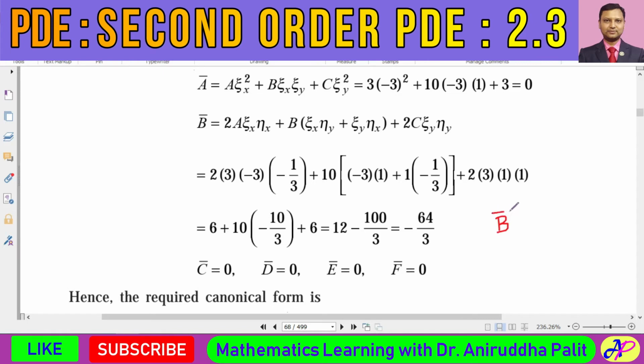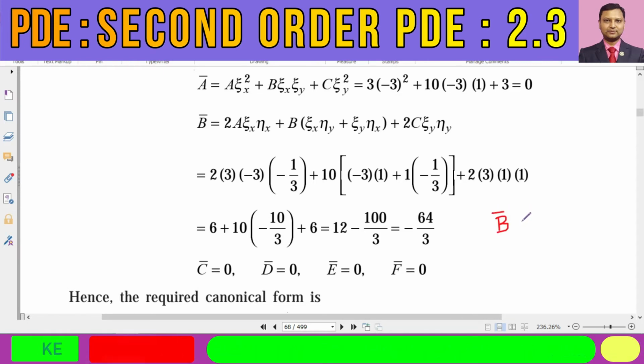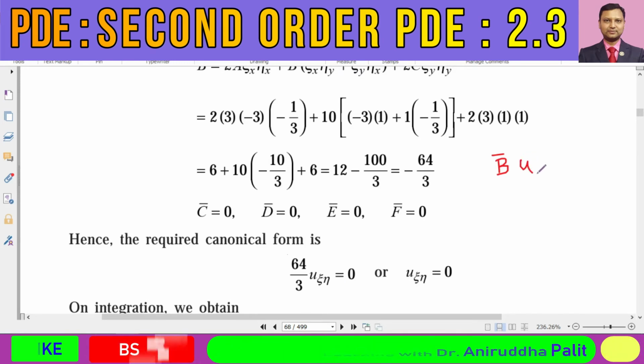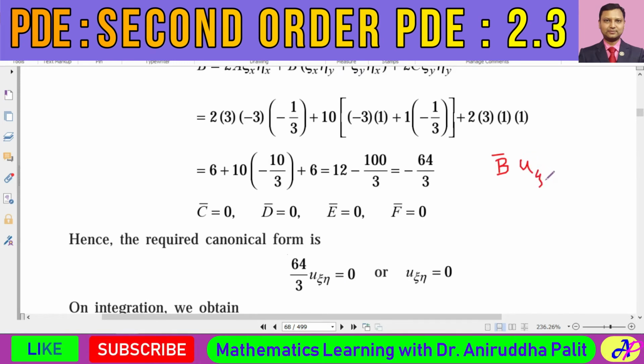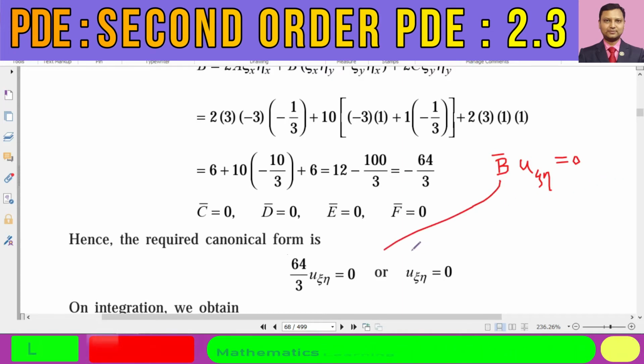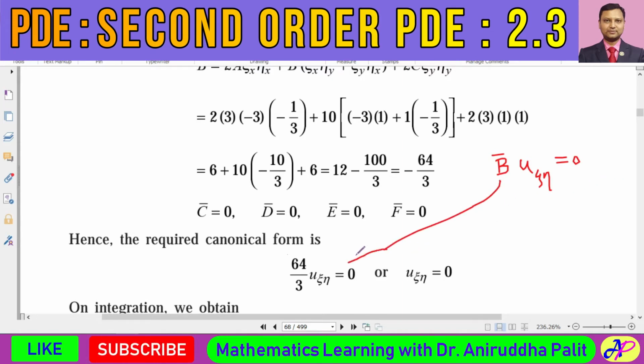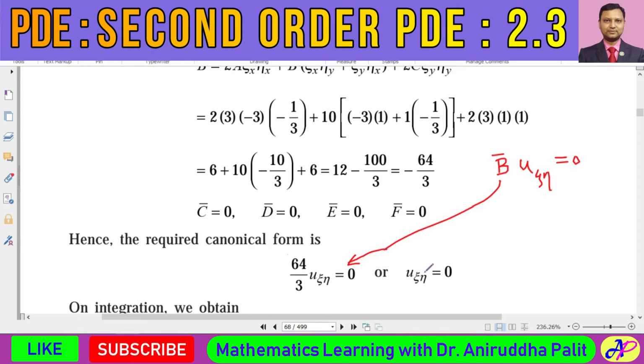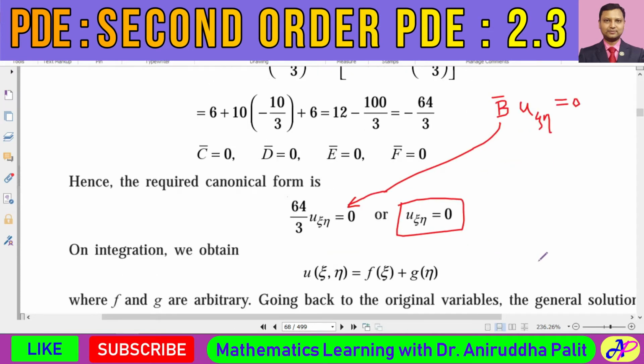So b bar into, the dependent variable was u, so u of partial derivative xi and eta, that would be equal to 0. So this is the expression over here. And therefore, if you cancel the 64 by 3, we have this kind of relation, u xi eta is equal to 0.